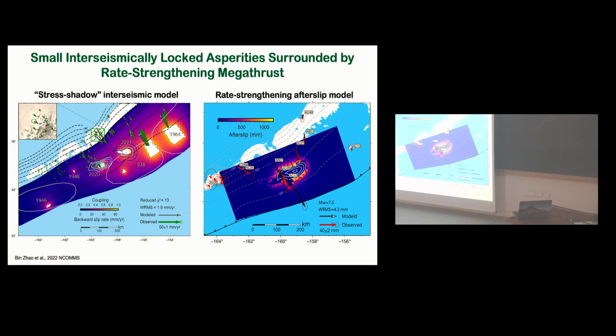And from the afterslip observation, we have some constraints of the portion of the megathrust surrounding both down dip, laterally and up dip of the fault, apparently being velocity strengthening, having these frictional properties that we associate with aseismic slip and stability in the fault system.